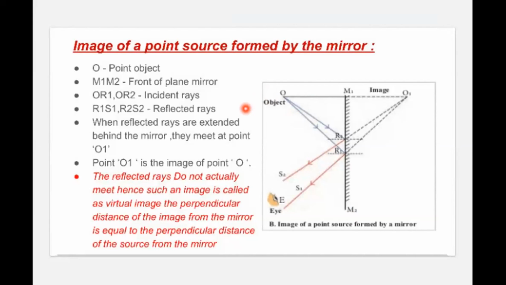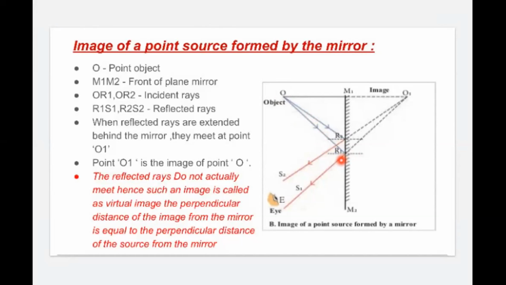So suppose I'm holding a laser at point O and the laser light ray falls on the reflecting surface of this mirror M1, M2. We will name these rays. So we say a ray OR1 is incident on the reflecting surface of the plane mirror M1, M2.